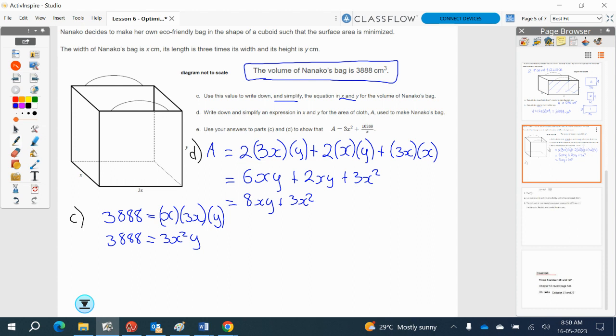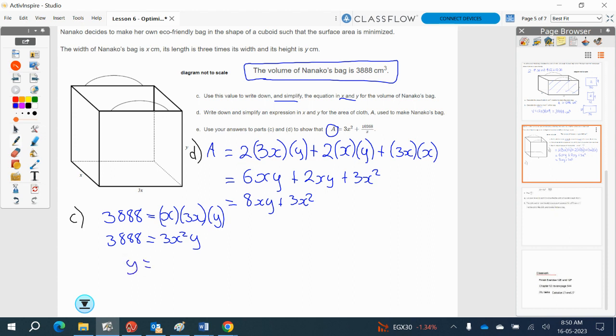This is still your principal formula that we're going to use, and this is your constraint formula. Because the volume is set, we're going to try and minimize surface area. So what you're asked for in E is to use these two to get a formula for the area. So take your constraint and rearrange it to make y the subject.